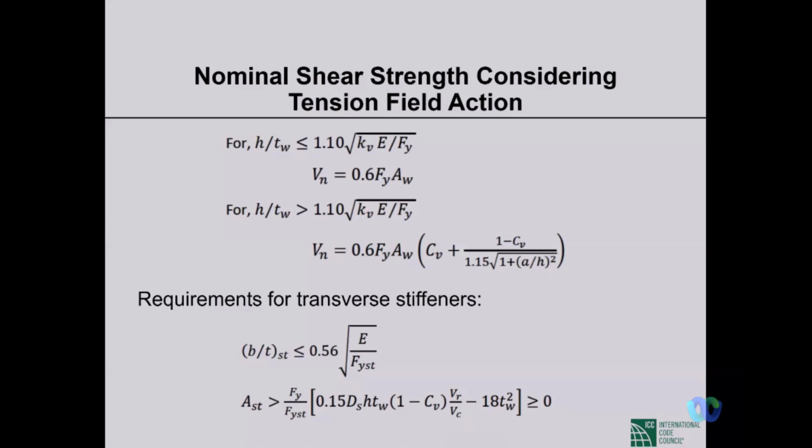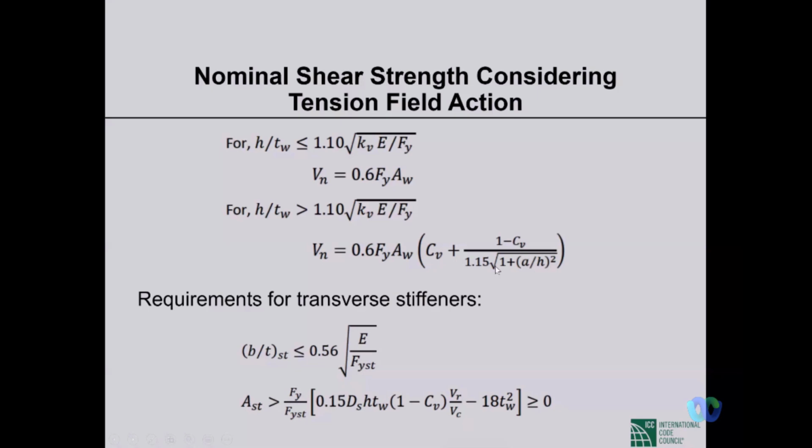So the capacity is like this. If the H by TW ratio is very small, then you can take the complete plastic case, that is, all the fibers will yield. So that is the maximum. If the H by TW ratio is higher than that, in case of inelastic buckling, then we have this CV, which will reduce the capacity, and this right side, which is related to the A by H ratio, depends on the spacing of the transverse stiffeners.